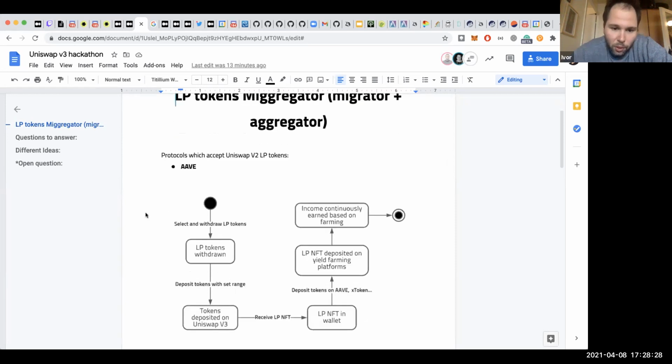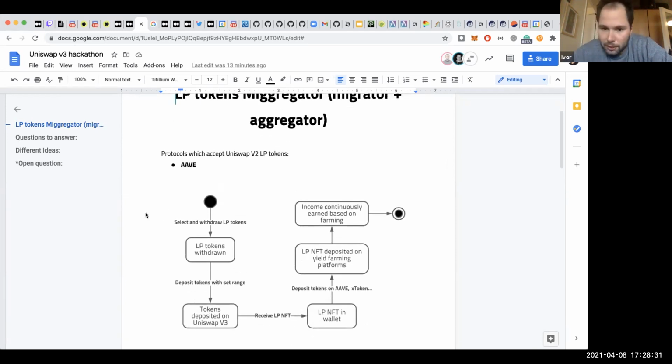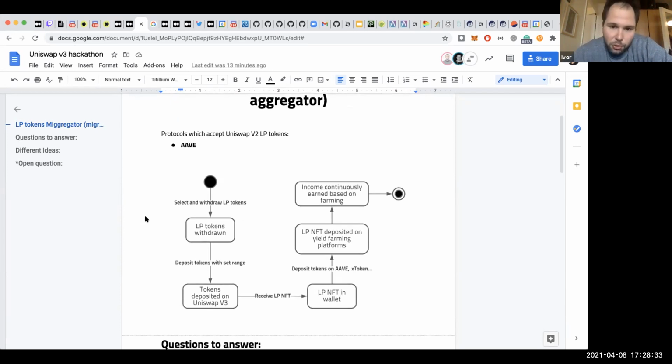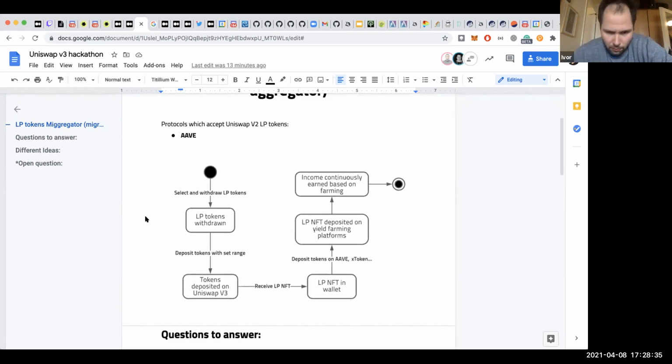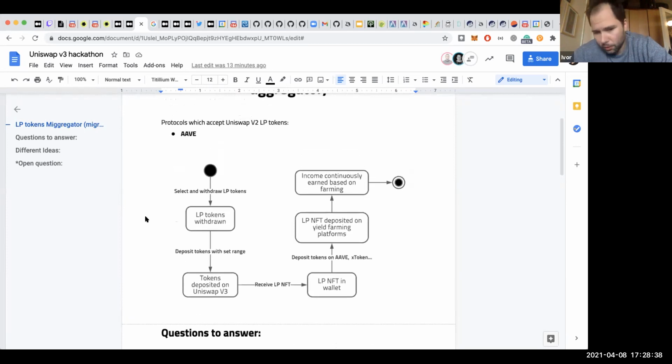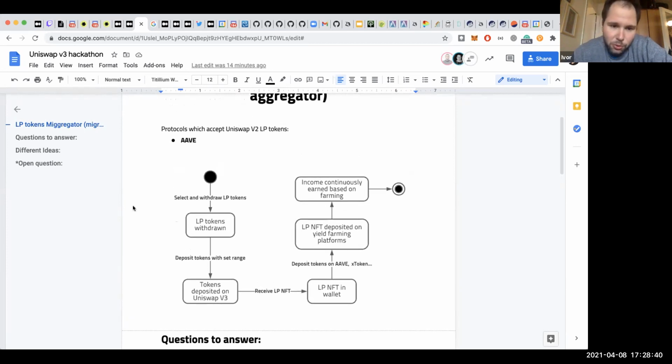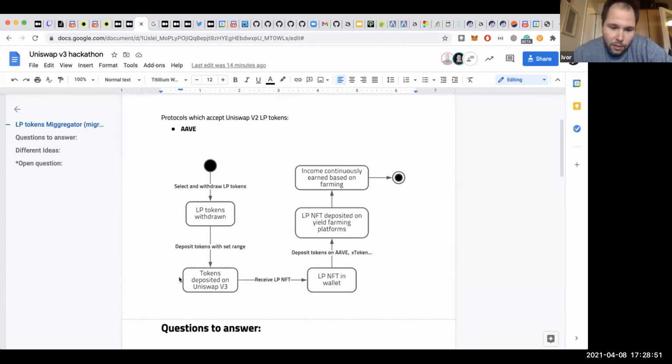So we wanted to create a one-stop shop, one place where you can choose where your liquidity tokens from V2 are deposited right now, then withdraw those tokens, use the Uniswap V3 migrator, and change those ERC20 LP tokens to NFT LP tokens.